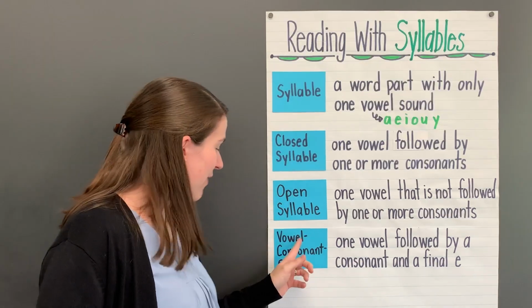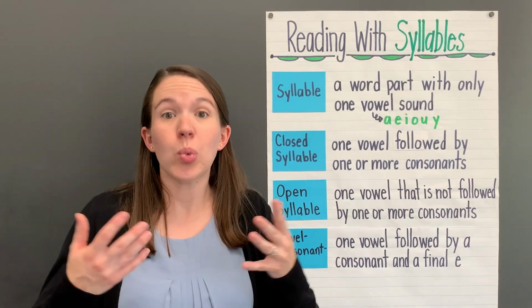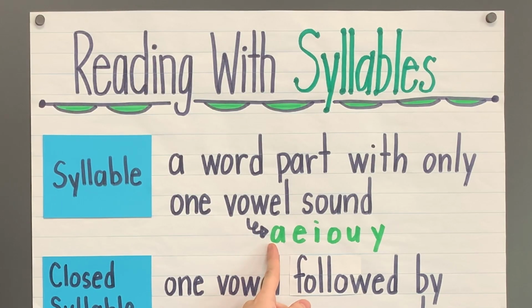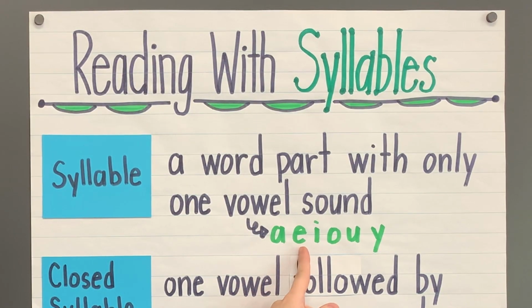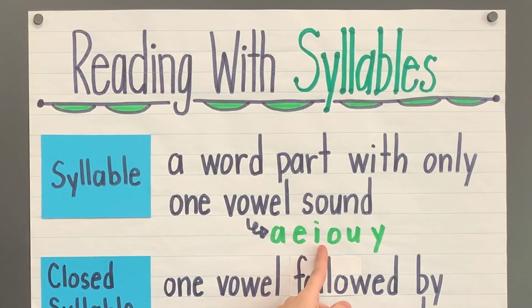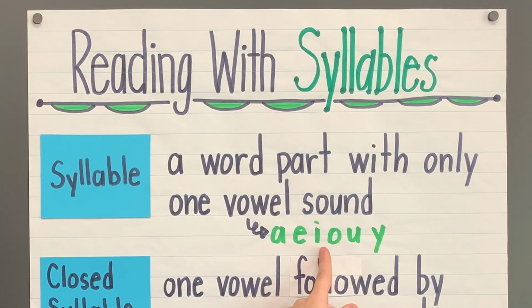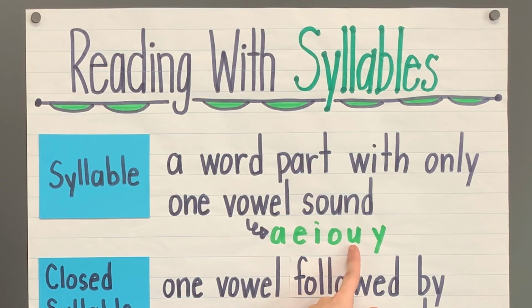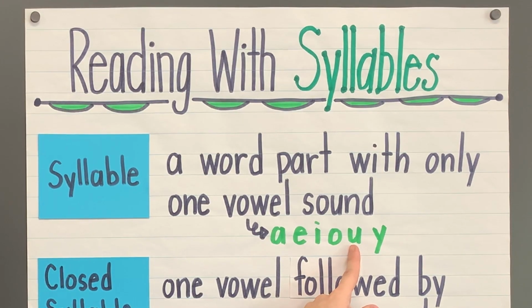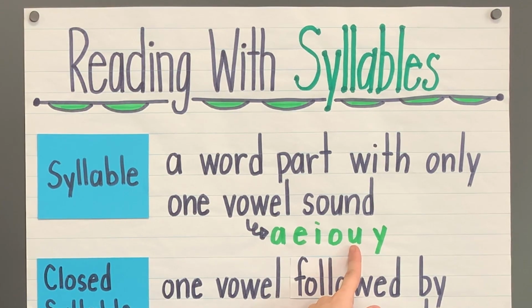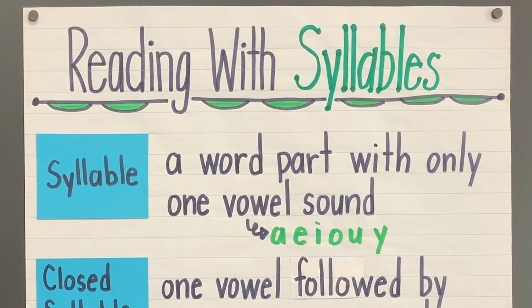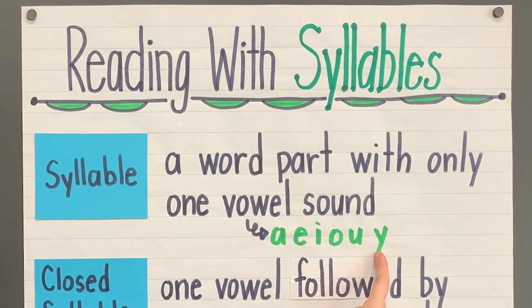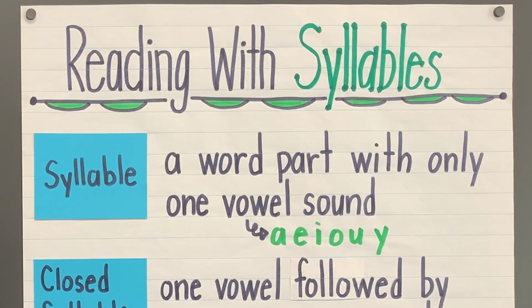That means in vowel-consonant-e syllables, we'll usually see an A that says A, the long vowel sound. E will say E. I will say I. O will say O. U has two long vowel sounds, U or oo. And in these vowel-consonant-e syllables, we'll mostly see the Y making the long I sound.